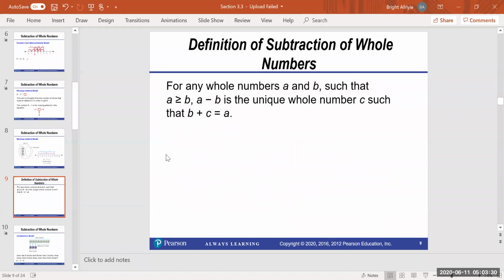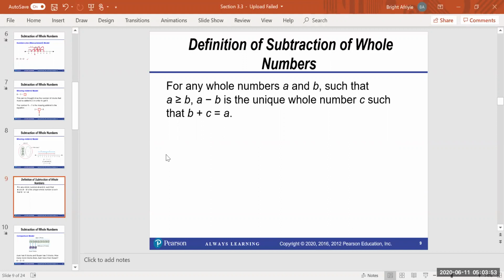Now, the definition of subtraction of whole numbers. It says that for any whole numbers a and b such that a is greater than or equal to b, a minus b is a unique whole number c such that b plus c is equal to a.